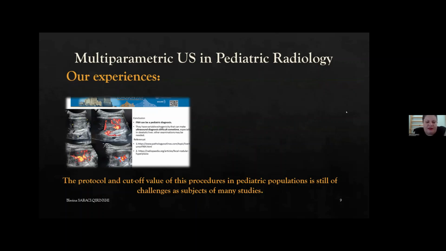We performed the ultrasound and showed an oval mass, and the patient was diagnosed with focal nodular hyperplasia.